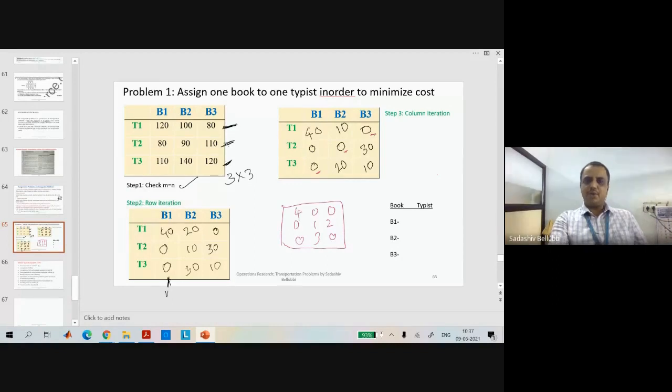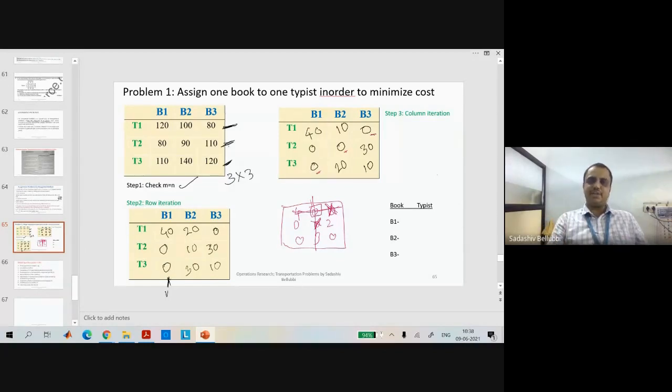Now, for example, if you assign to this 0, what that fifth statement says is, whatever zeros come in this row and this column should be deleted. So it means that we need to cancel like this. If it is also 0, then we need to cancel. The assignment problem itself says one supply, one demand, so only one assignment allocation should be there.